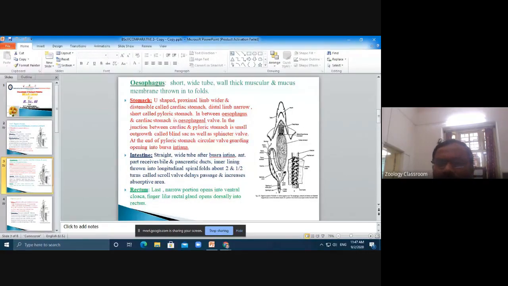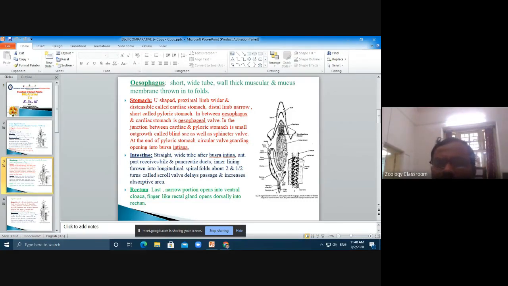The proximal limb, or proximal chamber, is called the cardiac chamber. It is wider and distensible, having an elastic property, while the distal limb is narrow, tubular, and shorter than the cardiac stomach.